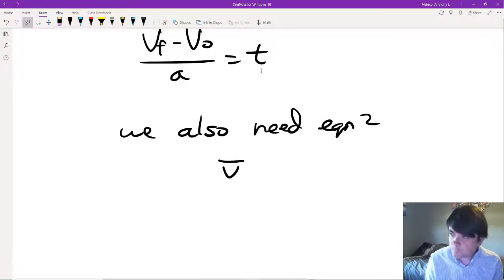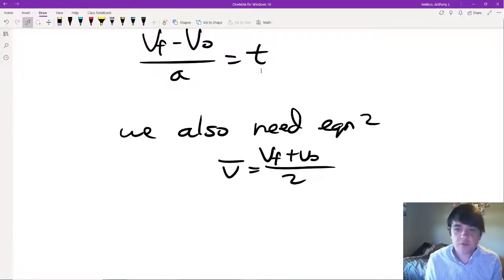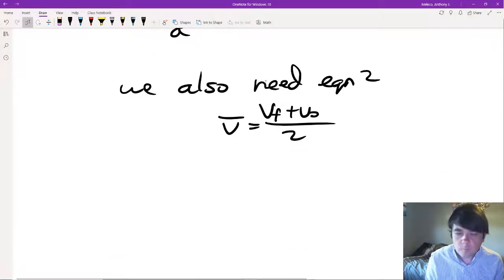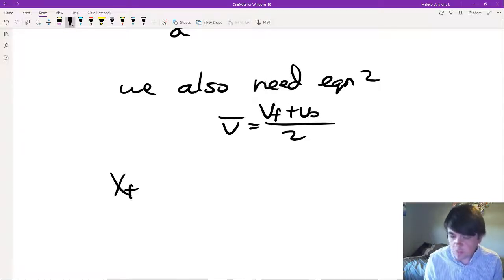Okay. So V bar equals V final plus V initial over 2. Plus, as you use these equations more, you'll get used to it. You'll start to memorize the equations as you use them more and more.